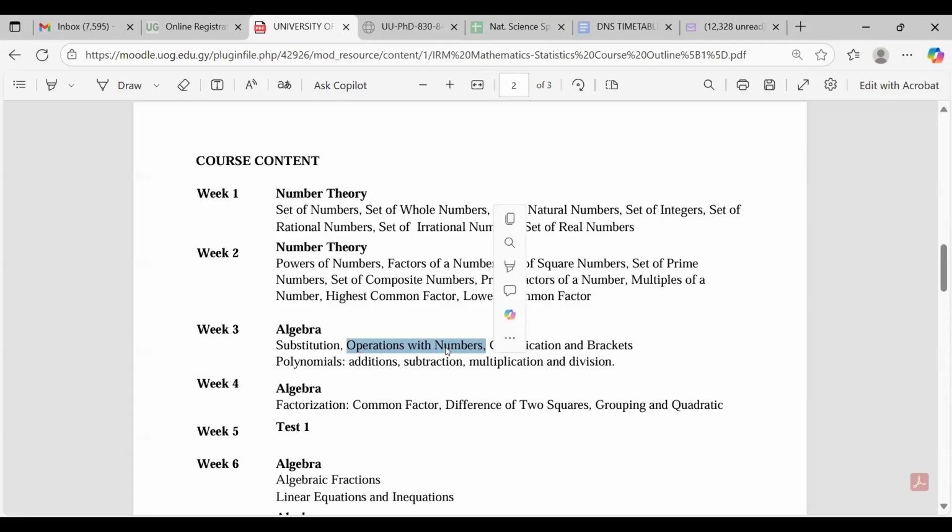In that video, we didn't do any examples as such. But when we meet back, we're going to do a few examples, and then we'll get into some real algebra: substitution, removing brackets, addition, subtraction, multiplication, and division, and so on. So when we meet again, next Tuesday.